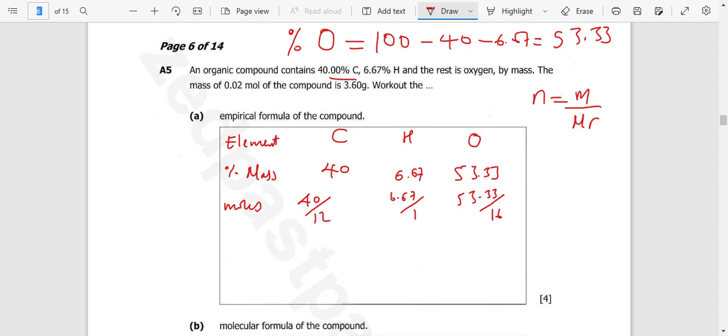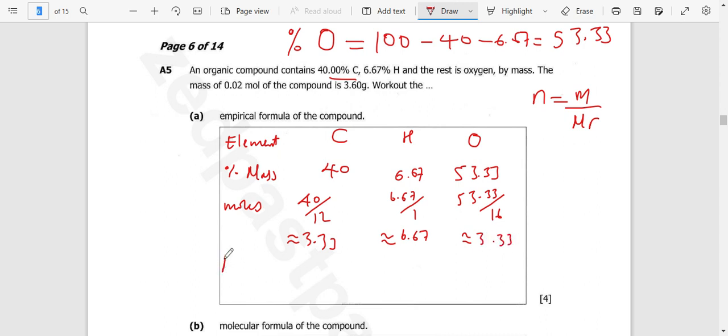So we start with 40 divided by 12. This gives us about 3.33. 6.67 over 1 is approximately equal to just 6.67. 53.33 divided by 16 is approximately equal to 3.33.